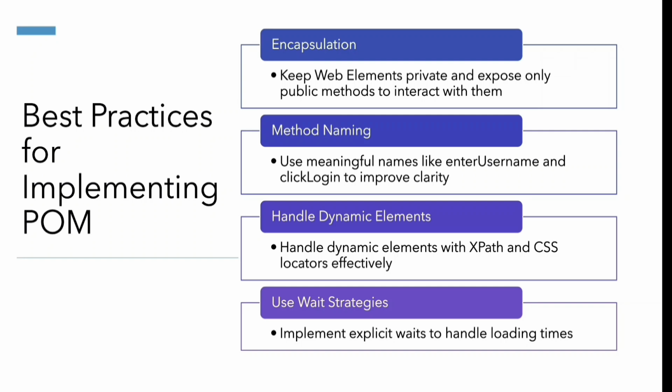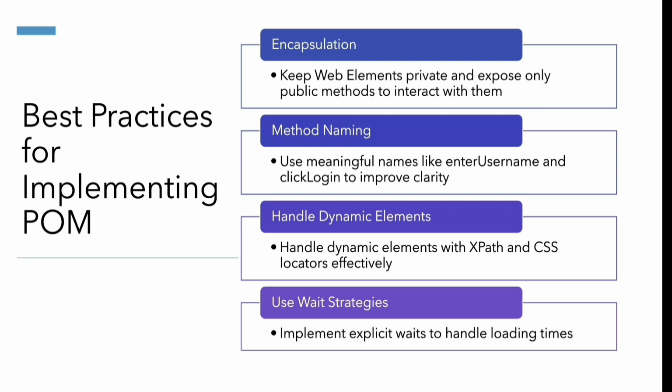So we create a private variable, pass our web element there, and only expose the public method so that anybody can use that public method. They will not be directly able to access these private web elements, guys.